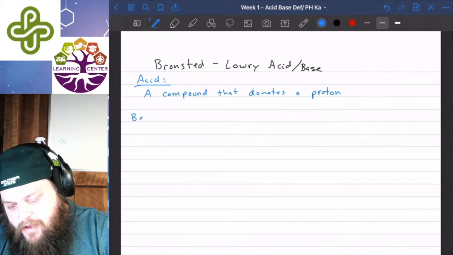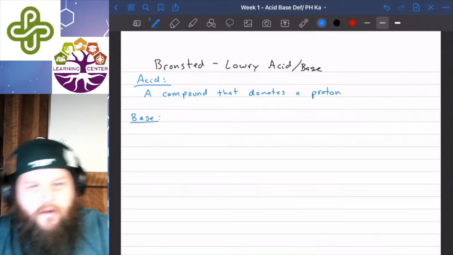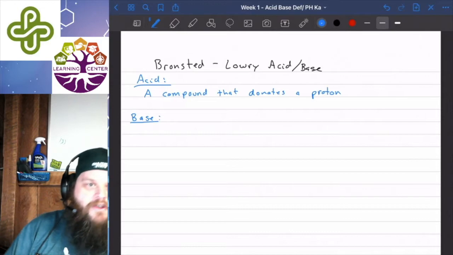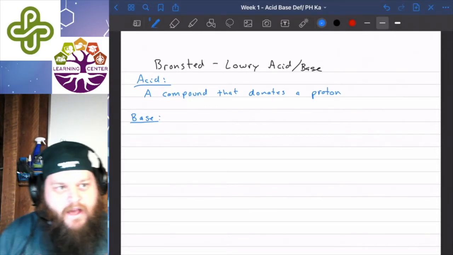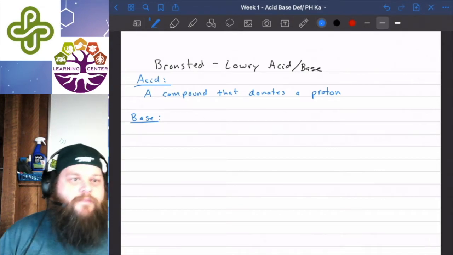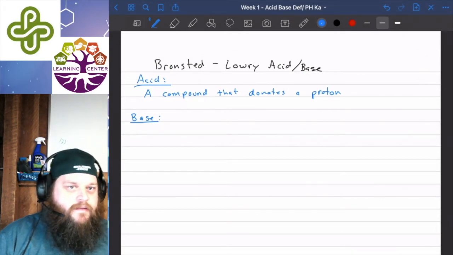So what would you think that a base is? Feel free to chime in on the chat if you have any questions, comments, concerns. So if an acid is a compound that would donate a proton, what would that make a base?